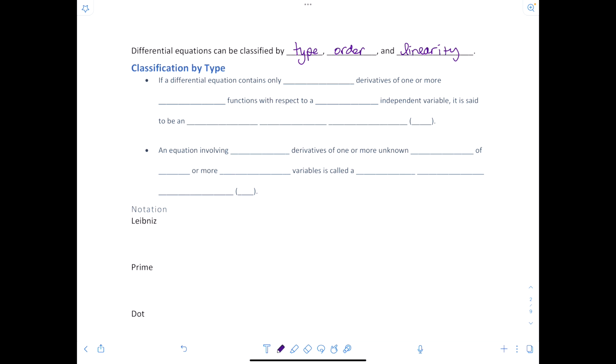First of all, if a differential equation contains only ordinary derivatives of one or more unknown functions with respect to a single independent variable, it is said to be an ordinary differential equation.